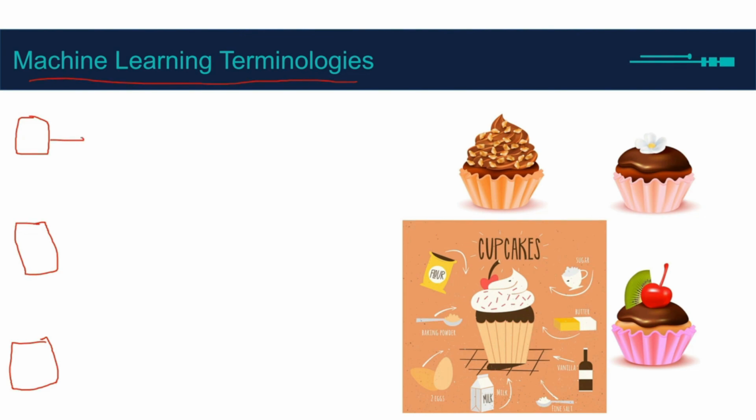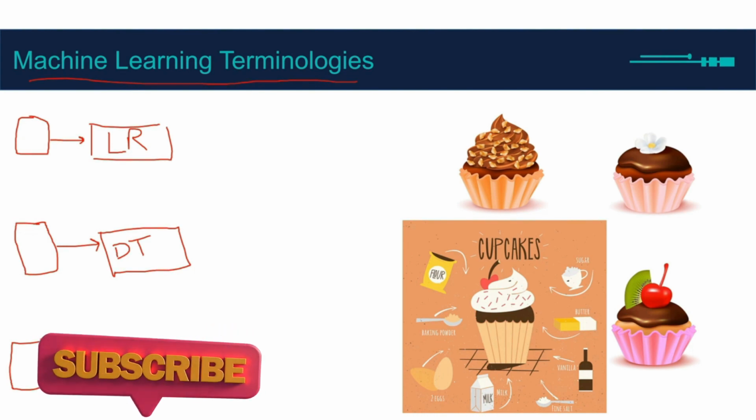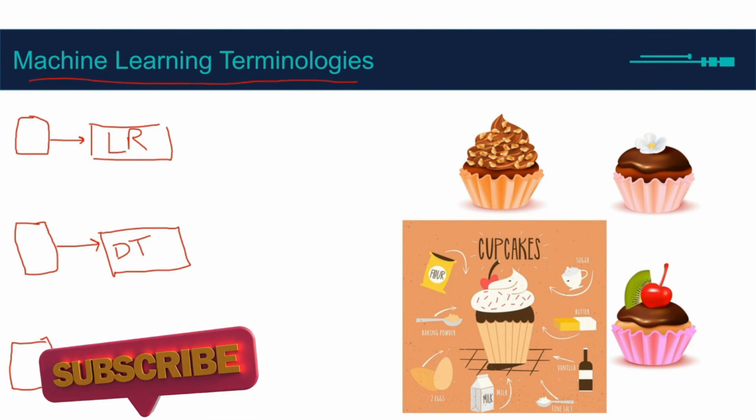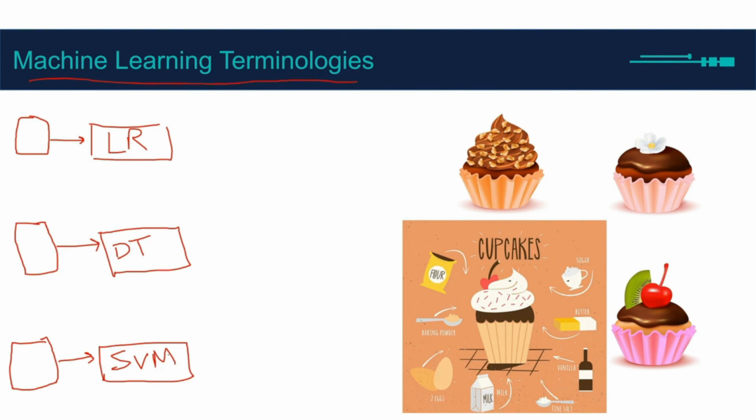And since it's supervised learning and a classification problem, I'm going to use 3 algorithms, okay? Here I'm going to use logistic regression, here I'm going to use decision tree, and here I'm going to use support vector machine. These are all algorithms, and these algorithms are used for classification, okay?